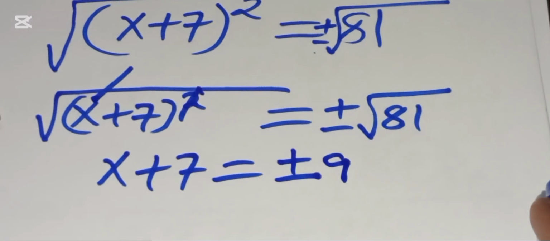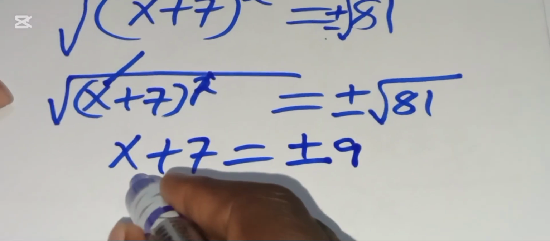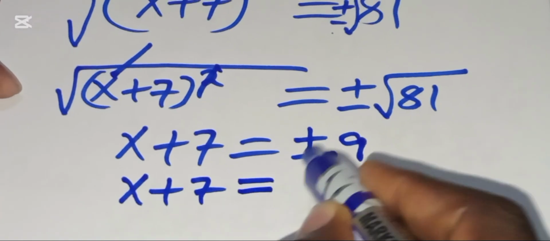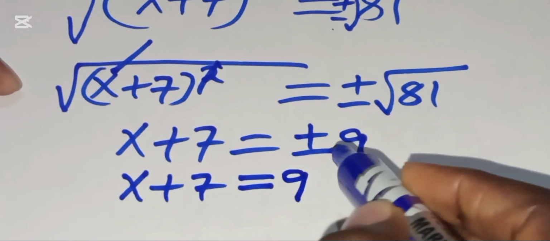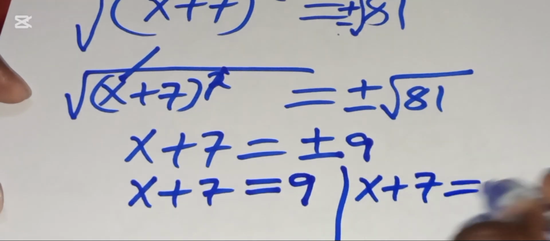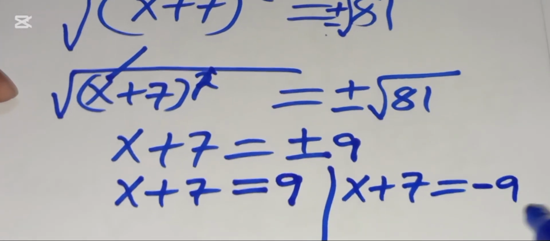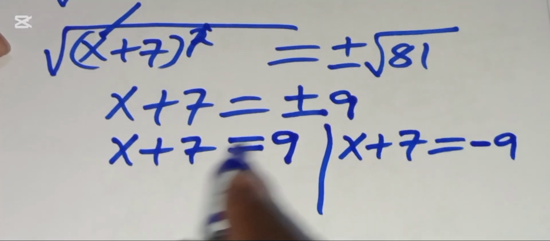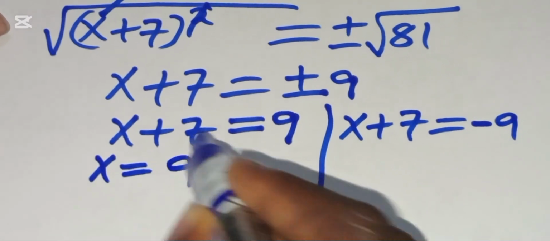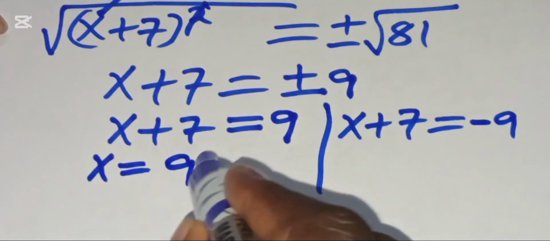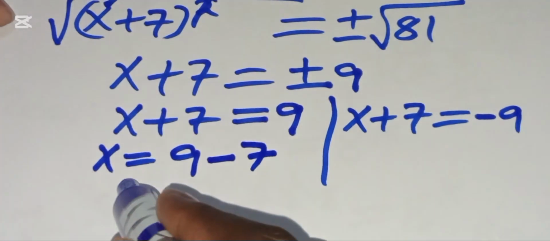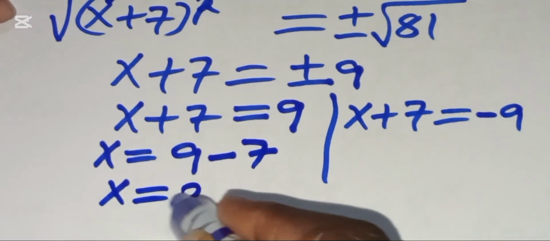That means we have x + 7 = 9, and x + 7 = −9. Let's get the values of x here. In the first case, x is equal to 9; we take +7 to the right hand side, so it becomes minus 7, and the value of x is equal to 2.